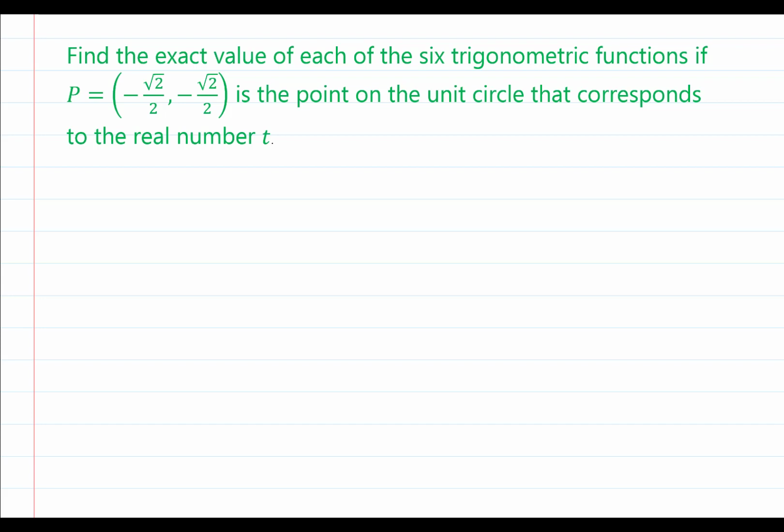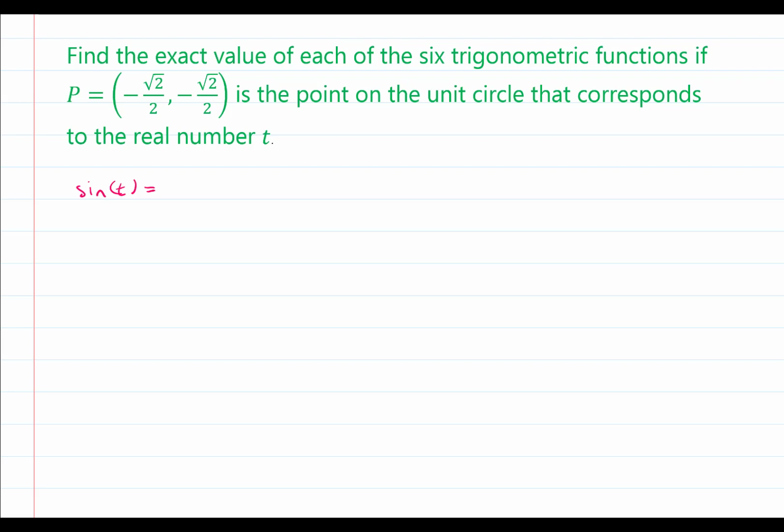So t is the angle. And while we could actually determine the specific angle that corresponds to this point on the unit circle from the picture that we just discussed, that's not really what it's asking us to do. What we are being asked to do is find the exact value of the sine of angle t.